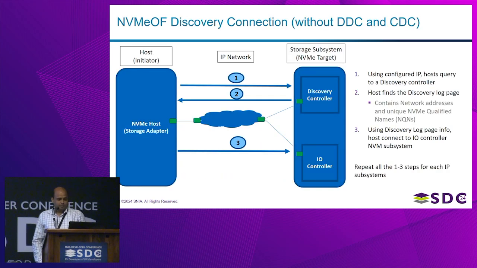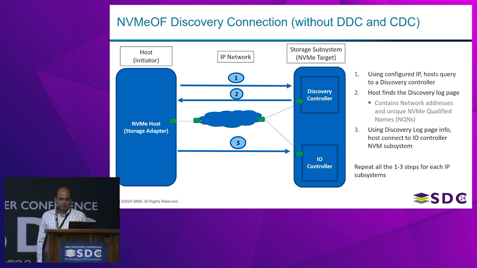In this diagram, we show the traditional way of implementing NVMe-oF. The diagram shows the host on the left-hand side, and a storage subsystem, which is the NVMe target. Both sides are called endpoints, and both are connected over the network.